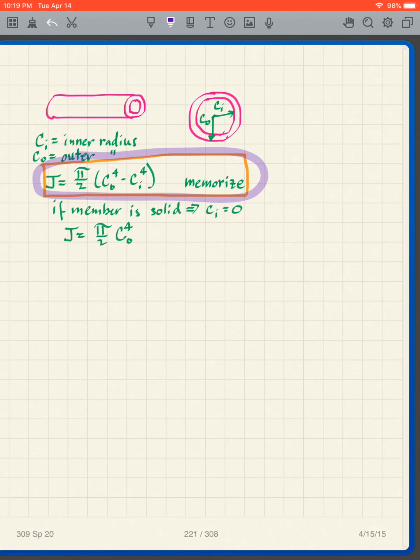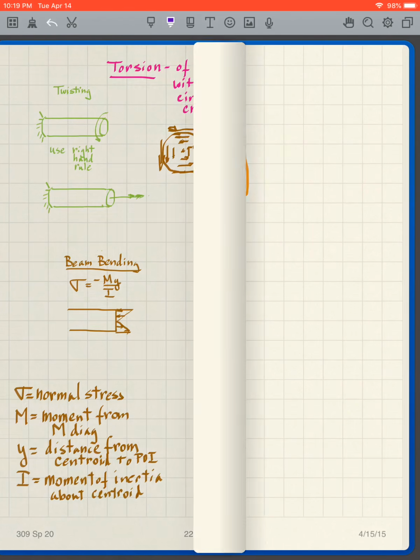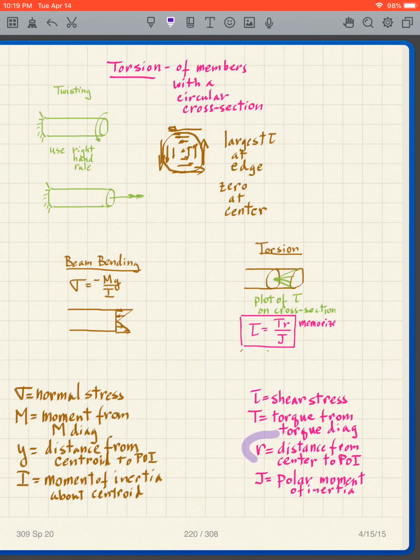Very simple. Let me also point out that I didn't make up the notation; this is the notation everybody uses, that C is used as radius. Notice we use the symbol R, but R is not the radius. R is the distance from the center to the point of interest.